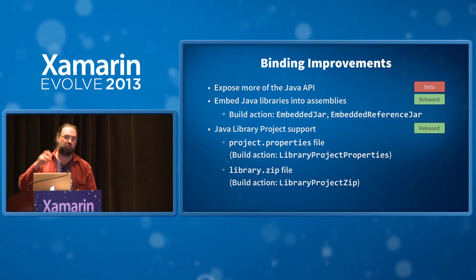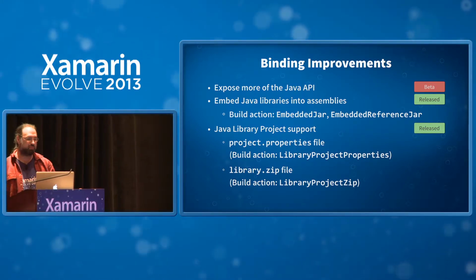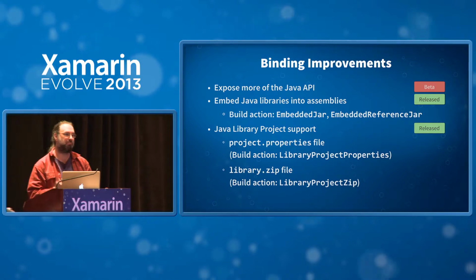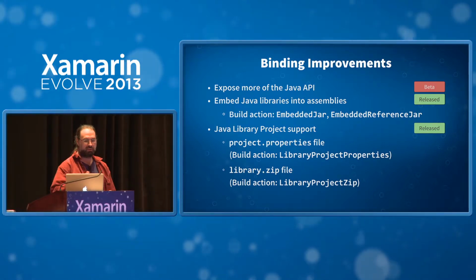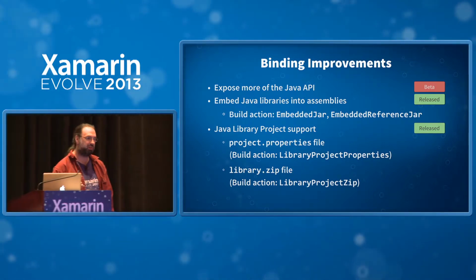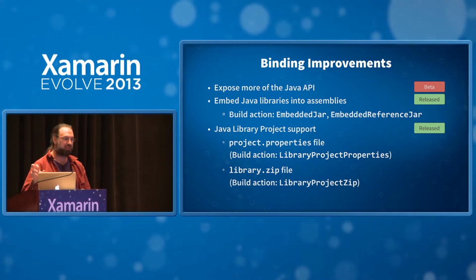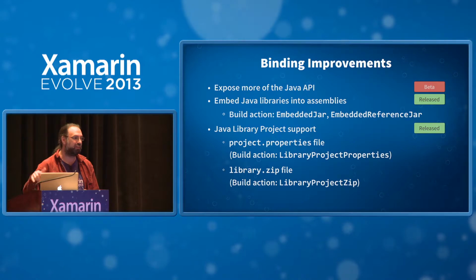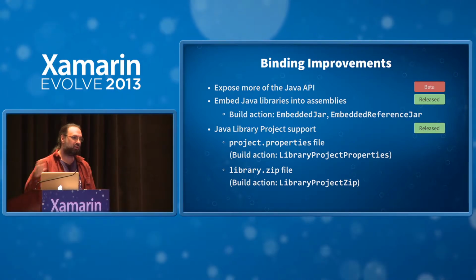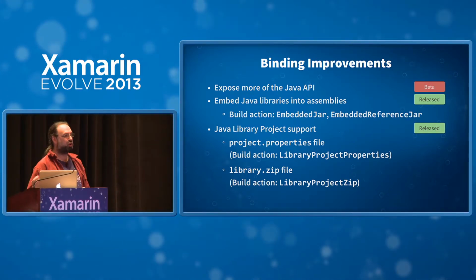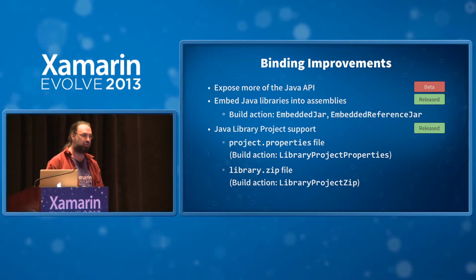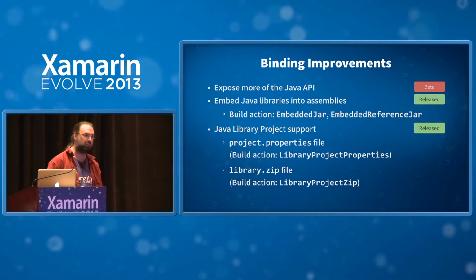What you can do is reference that project.properties file from a binding project and set the build action to library project properties, and we will try to read that project.properties file to find the jar files that it built. So if you have an existing Java code base, this can make it easier to bind the stuff that was built elsewhere.